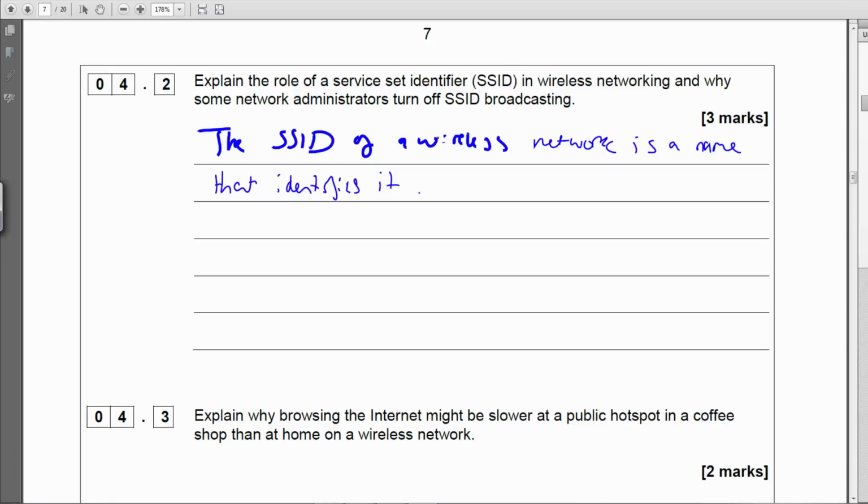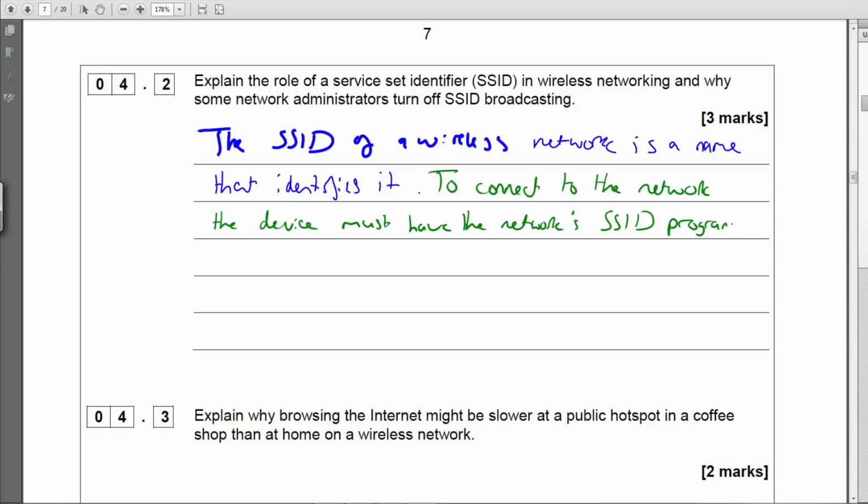So when you select that box that says connect to the network automatically, your device is saving the SSID, and to get the SSID, it's publicly broadcast. So let's write programmed in it or into it.